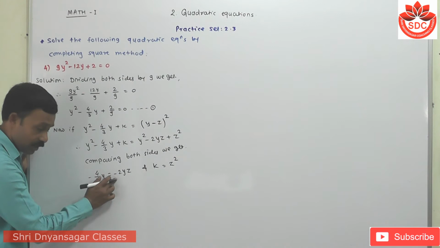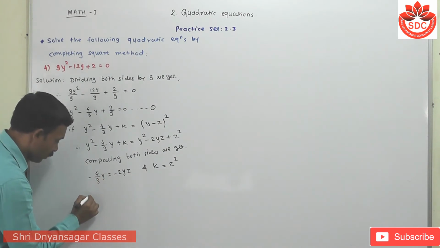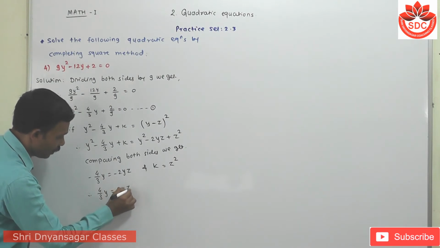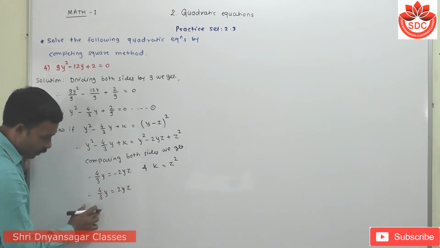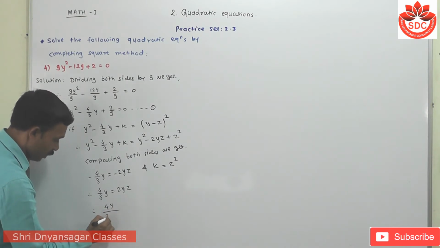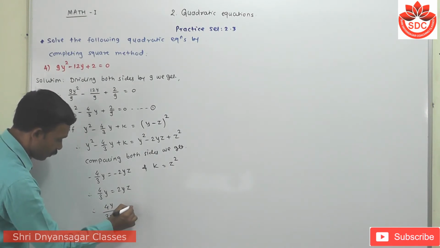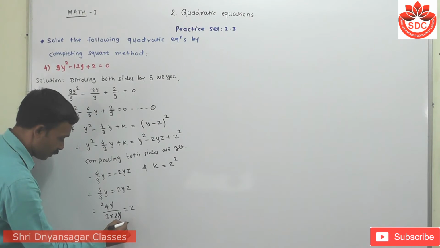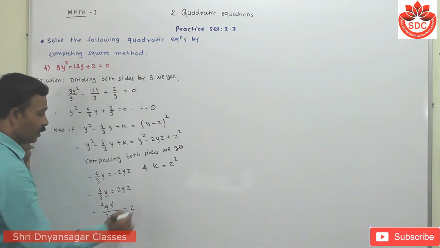Student, minus minus converts as plus, so I have to write here 4 upon 3y is equal to twice yz. Then transpose this to the other side, 4y upon 3 into twice y is equal to z. This y gets cancelled and 2 2s are 4, means that z is equal to 2 upon 3.